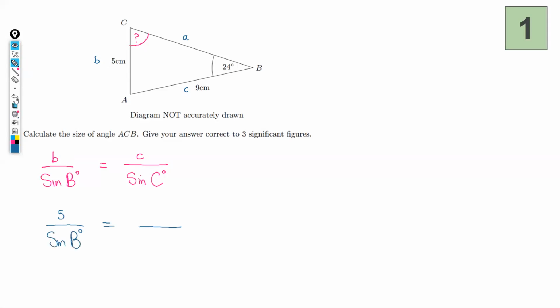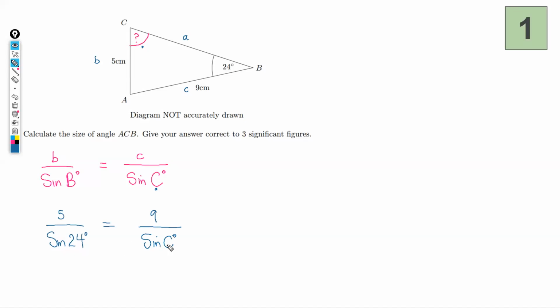Capital B is how much? 24 degrees, so you want to put 24 here. Common C is 9, and we're trying to find capital C. That's the aim of the question. So it's sine capital C. So what we're going to have to do now is cross multiply to solve for C.